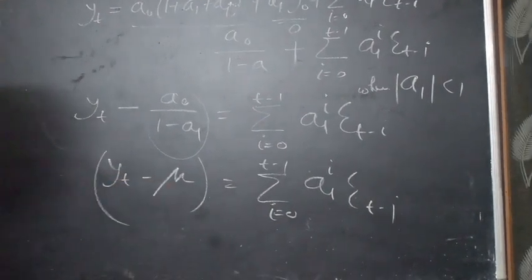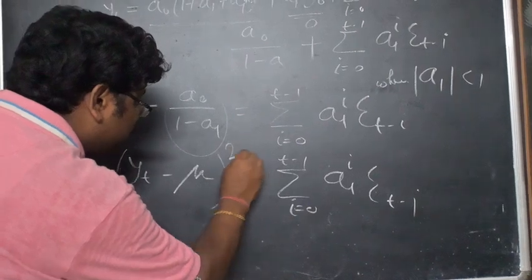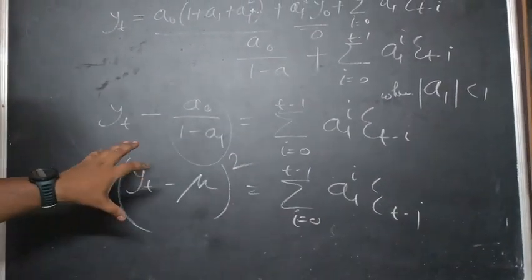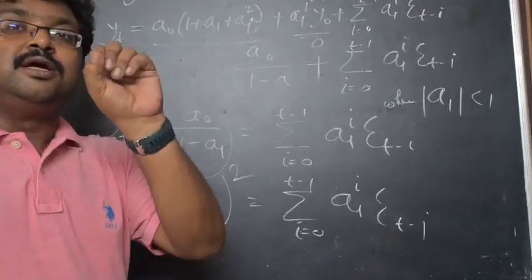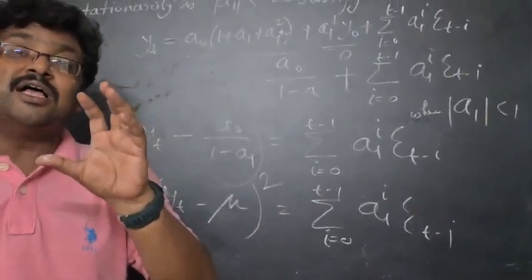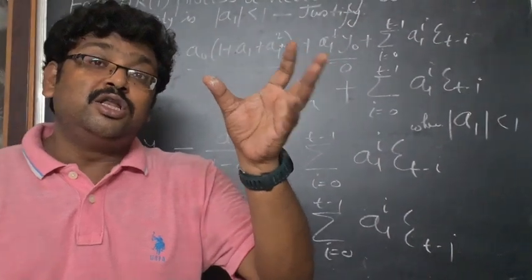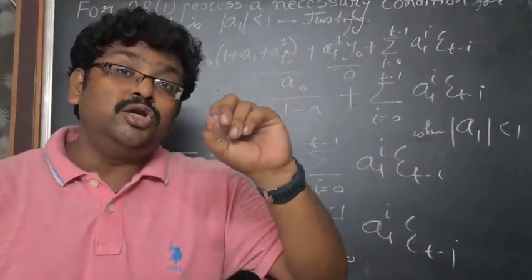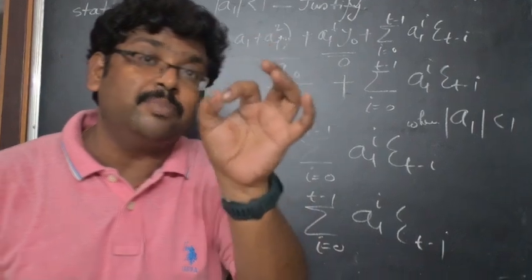If you take the square of it, then you can find the variance. And this variance is used in the denominator of the correlation coefficient, if you can remember.